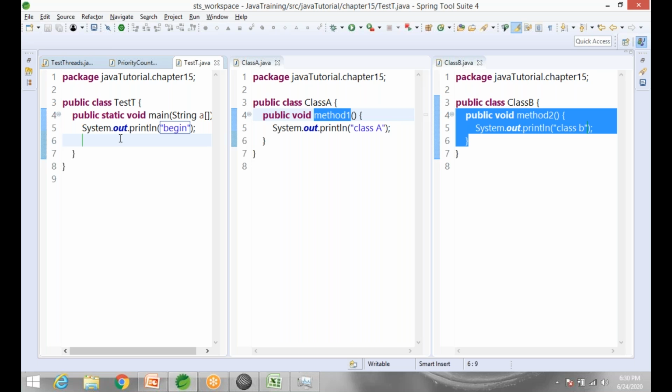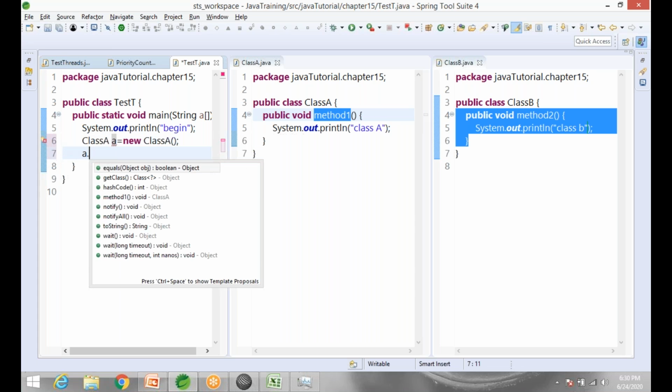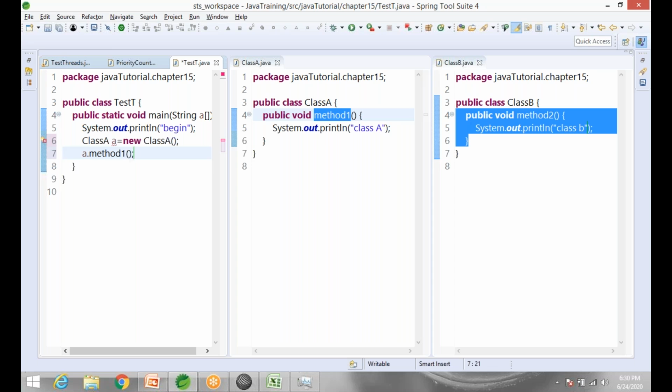Create an object of class A, and call method 1. Now, how do I call method 2? Create an object of that class as well.